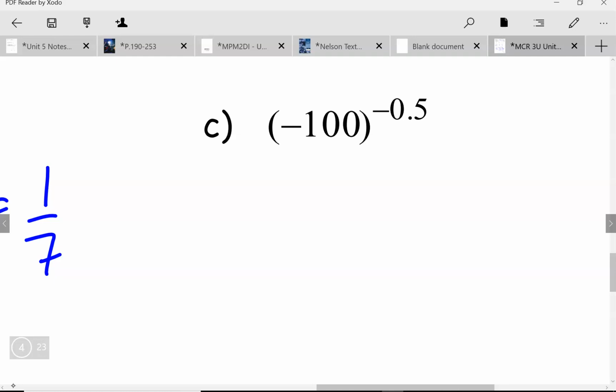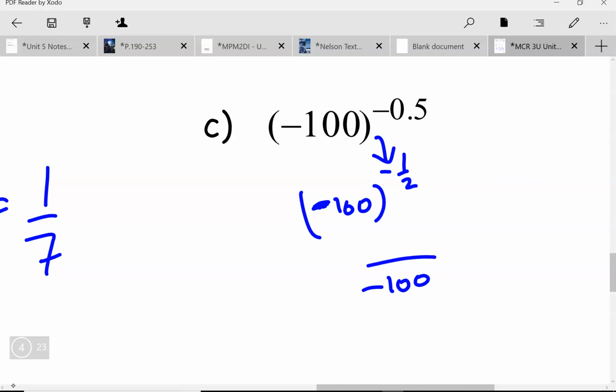But what I think this is actually, the negative stays as part of the 100. So negative 100 to the power of negative half. I have to leave the negative as part of the 100. That's part of the base. This negative exponent is what I'm going to deal with first. So this 100 is in the numerator. I'm going to move that to the denominator and put the 1 there.